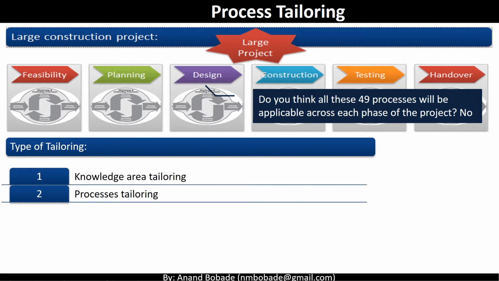For example, one of the process under risk management, that is quantitative risk analysis, you will decide what depth of a risk analysis will be done based upon the nature of project. It is the project's priority and characteristics that will drive which processes we need and what extent we need to execute them.